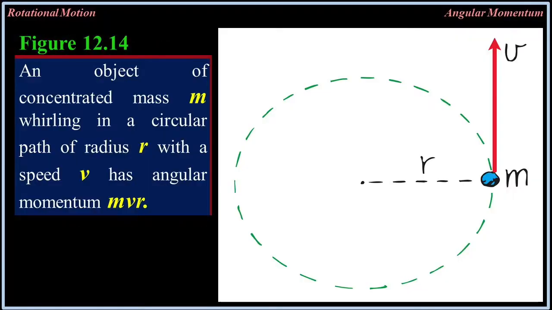Figure 12.14 illustrates the case of an object that is small compared with the radial distance to its axis of rotation. An object of concentrated mass m whirling in a circular path of radius r with a speed v has angular momentum of mvr.